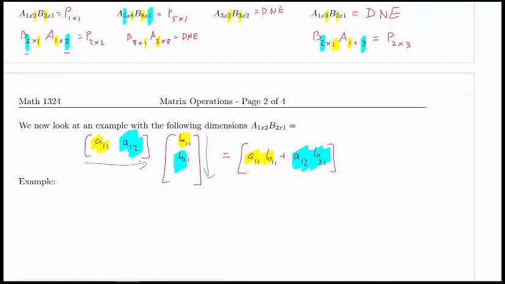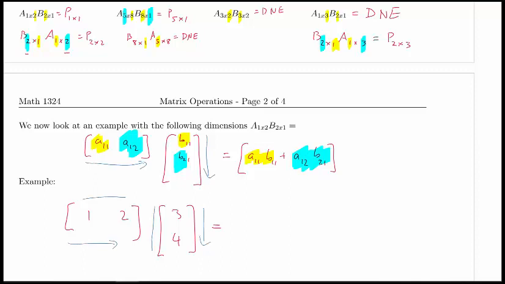So let's do an example with this. Let's just do kind of a simple one, 1, 2, and we'll make the matrix here 3, 4. So again, we're running this way and this way. Note what we're saying about the dimensions: we got two columns here, and we got 2 rows here.